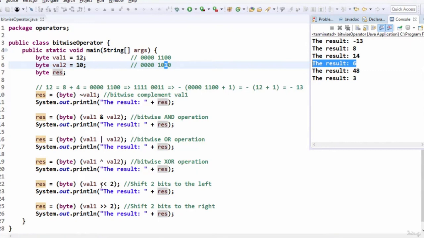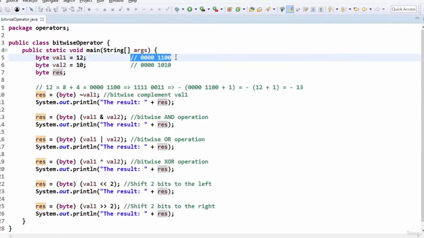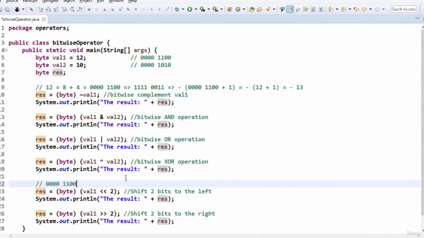Next one is a shift of 2 bits towards the left of val1. So here you have this val1, and I'm shifting it towards the left by 2 bit places.